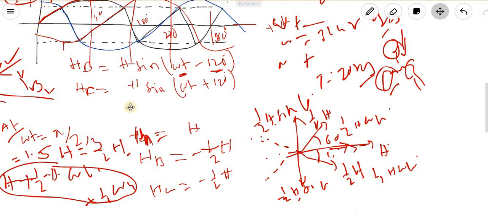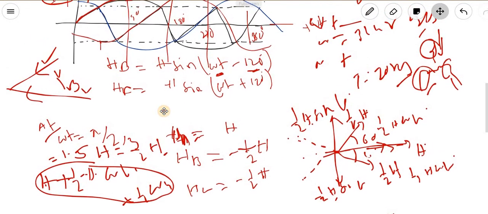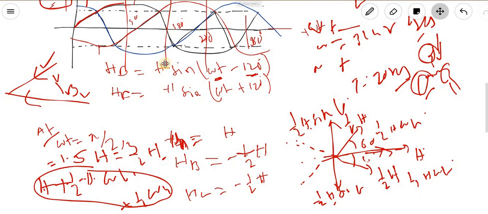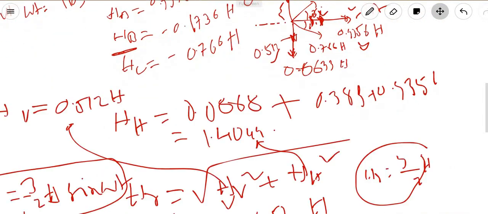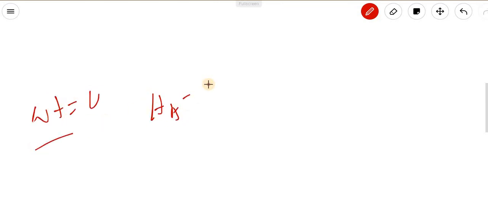At omega t equal to 0, if you see, HA equal to 0, HB equal to H sine minus 120 degree. Clear?